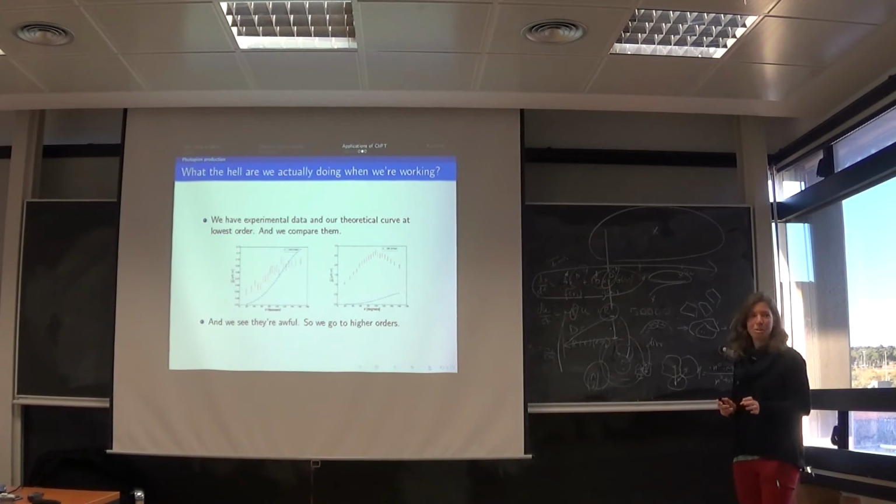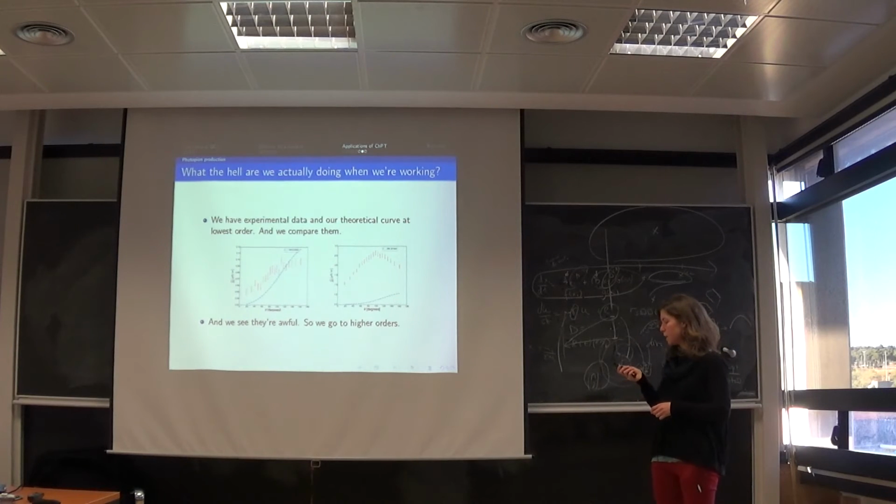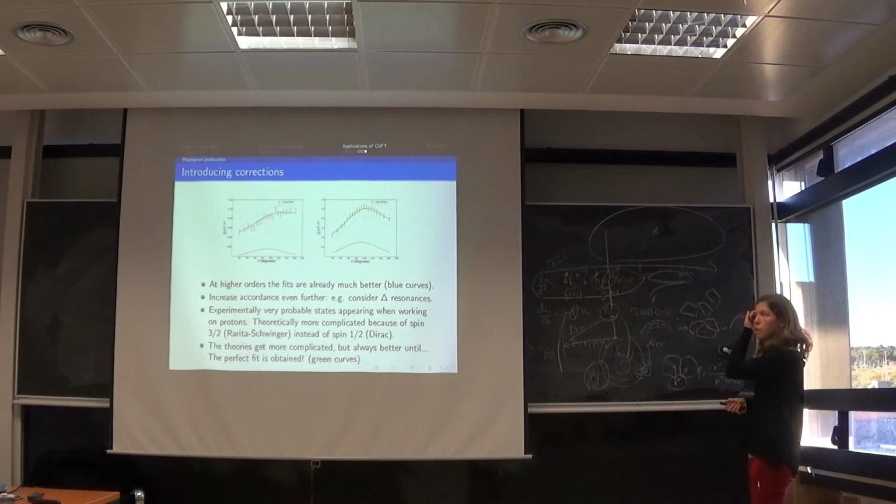So it's not enough to actually stay with the first order. Here at low energies, so at the energy threshold regime where the pion is produced, it's more or less okay. And at high energies, around 200 megaelectron-volt, it's completely different. So it doesn't have anything to do with the experimental data. So we see, okay, we do have to include higher orders. And that's what we do next.